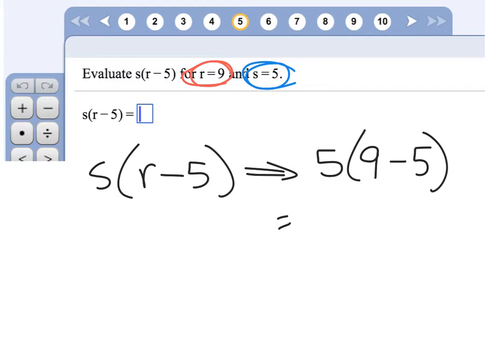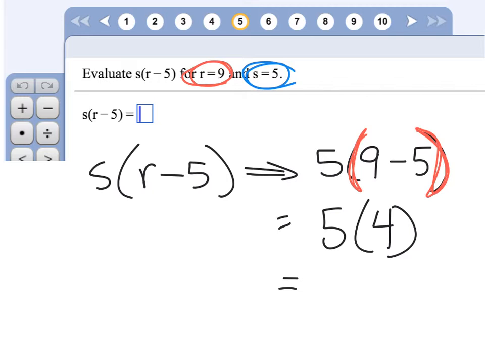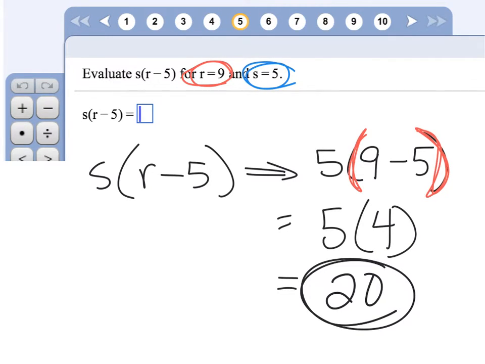The first thing you have to do is the parentheses. We're not allowed to multiply until we take care of the parenthesis. And so that's going to be 4. And there's your 5. And remember, 5 parenthesis 4 means multiply. So our answer is 20.